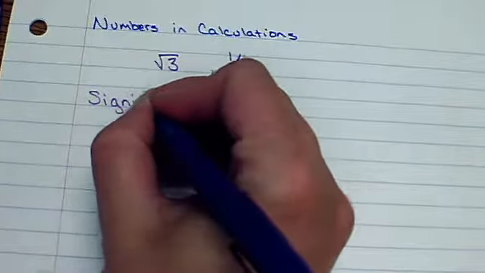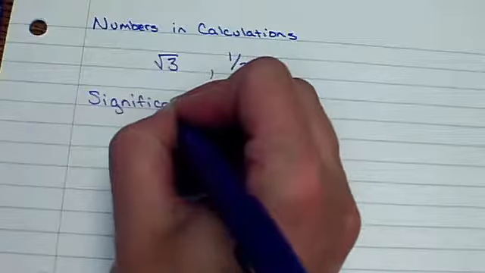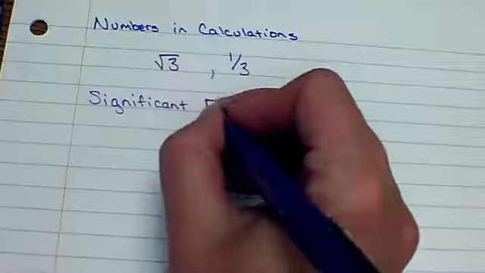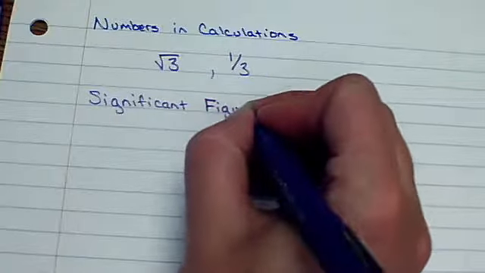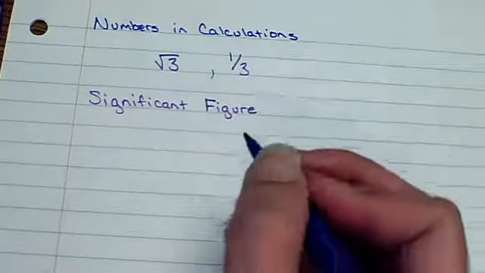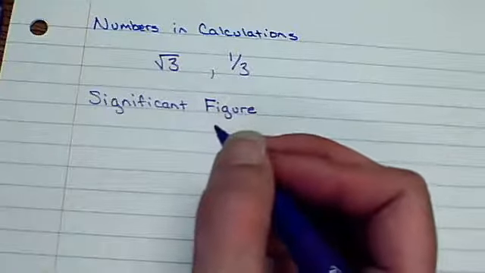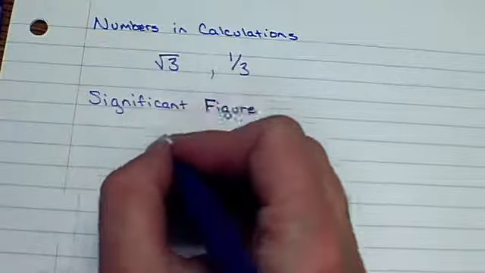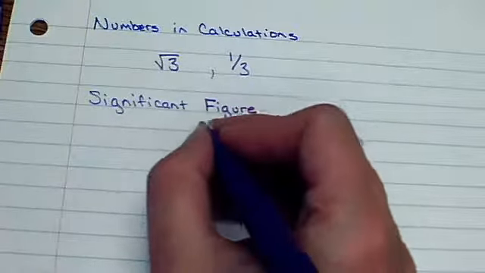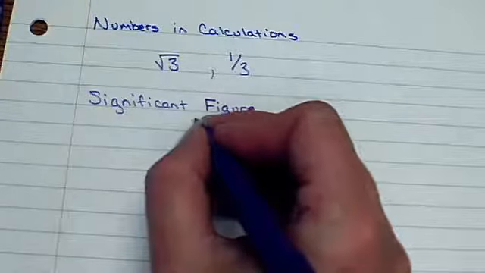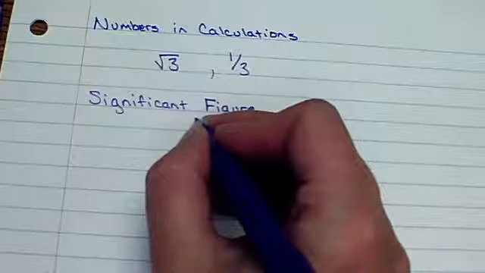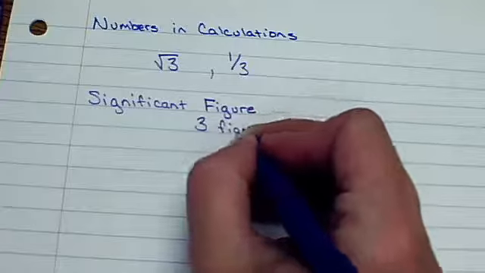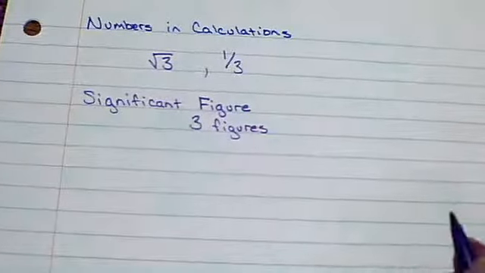The very first significant figure in your number is the very first digit. So let's look at some. Usually we want to go to 3 significant figures. This is different than rounding to 3 decimal places.